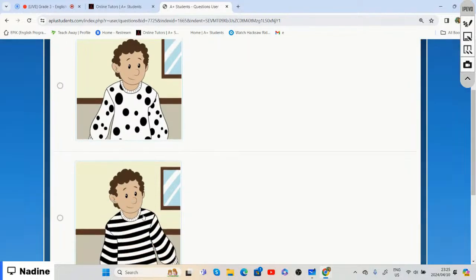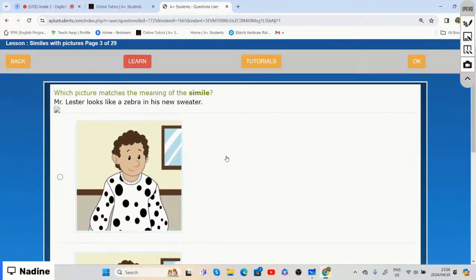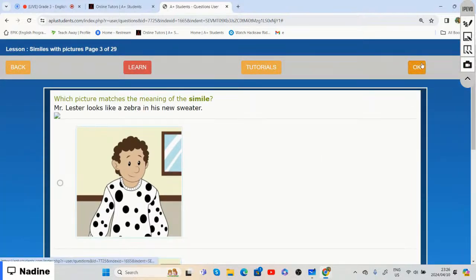So we are doing option 2. Because if you're comparing the zebra to the sweater or what the person has on, then it needs to be similar. And the stripes is correct. So well done.